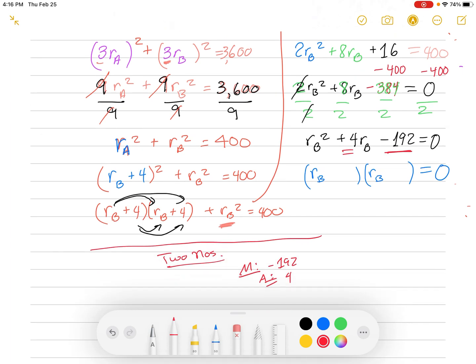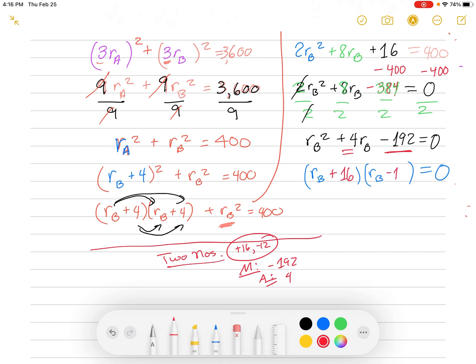If you think about that long enough, you'll come up with 2 numbers. Positive 16 and negative 12. If you multiply those, you get negative 192. If you add those, you get 4.